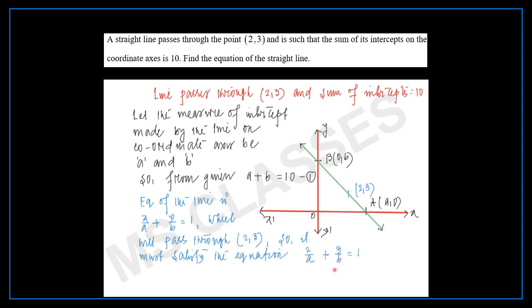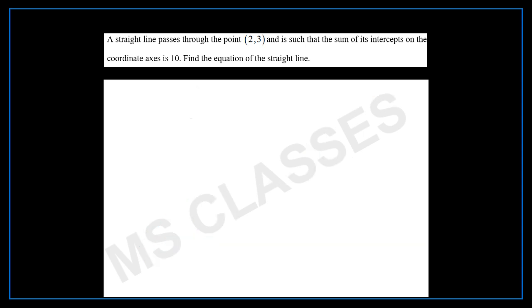Now, using equation 1, we can replace b. We can say 2 by a plus 3 by (10 minus a) equal to 1. Simplifying, we get 2 into (10 minus a) plus 3 into a equal to a into (10 minus a). This gives 20 minus 2a plus 3a equal to 10a minus a squared.